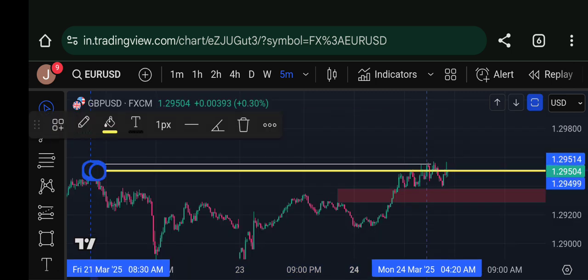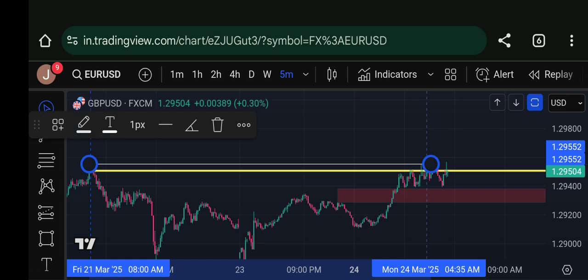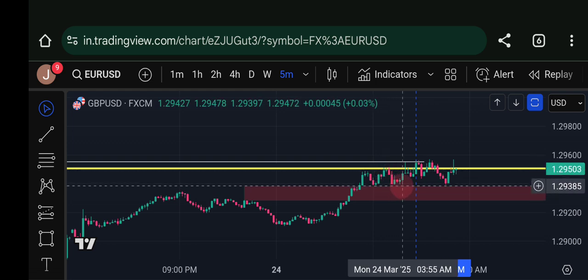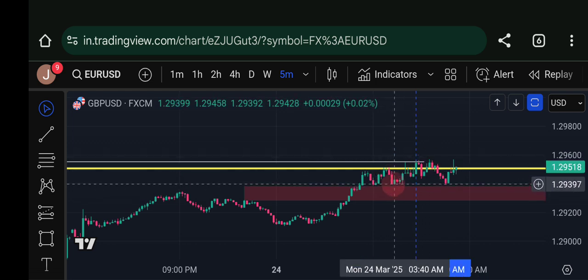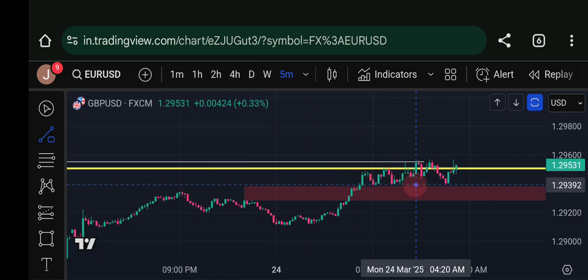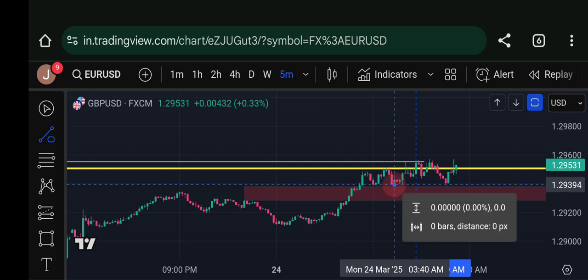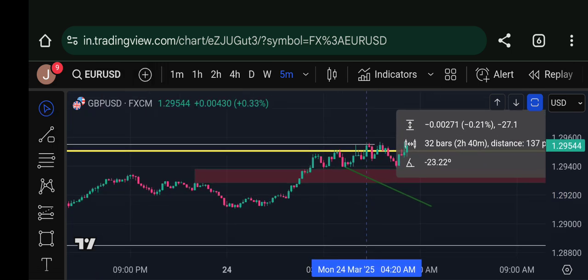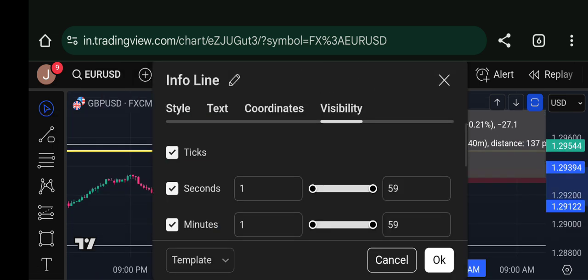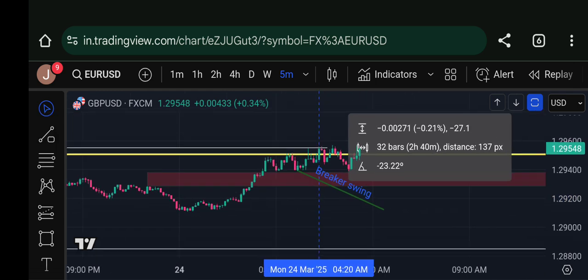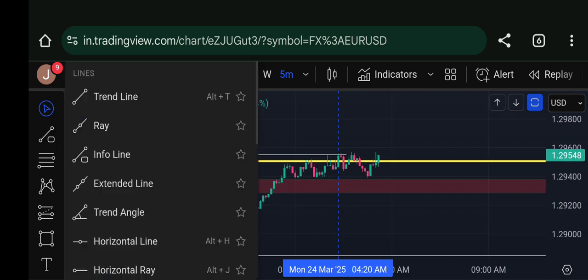Also if one makes a breaker swing, that is GBPUSD made a breaker swing here, guys. This is the breaker swing. Price should have respected this, but instead it went higher. This is the breaker swing I'm talking about, which made a higher high, guys.